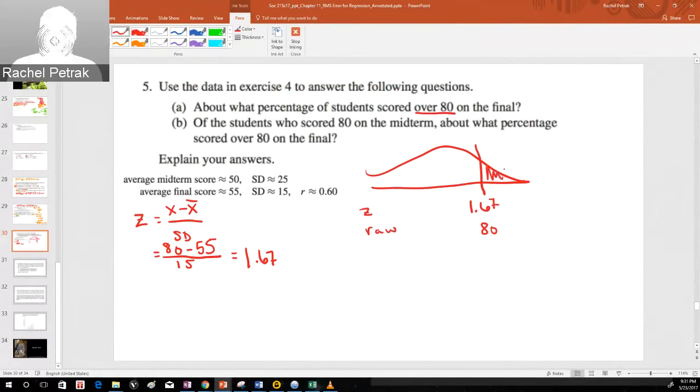And what percentage is this? This is going to be column C on your z-table, and it's equal to about 5%.